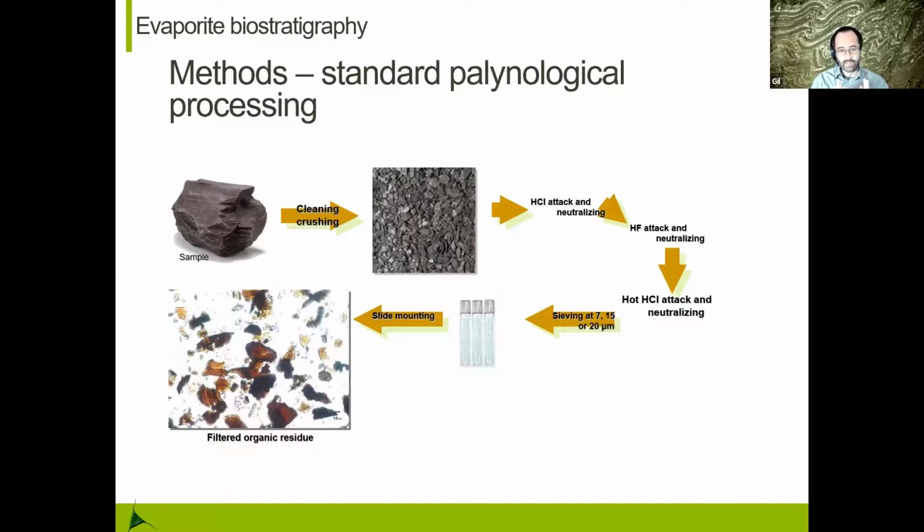What we've seen, but again, other people have developed different methods, is that the acid attacks were not effective for evaporite. They basically put the acid into the flask and it didn't dissolve anything.